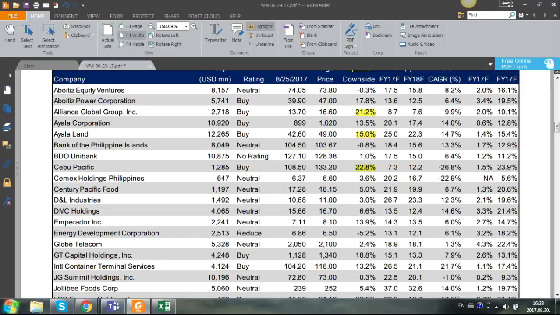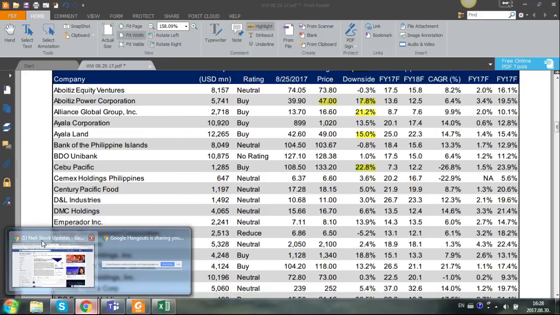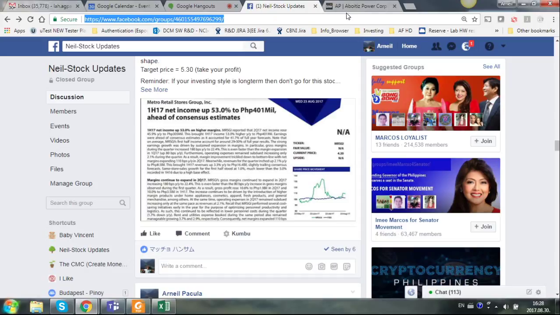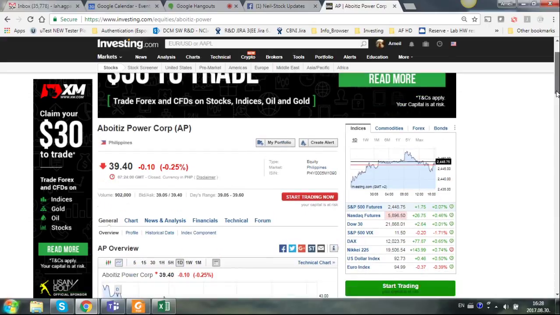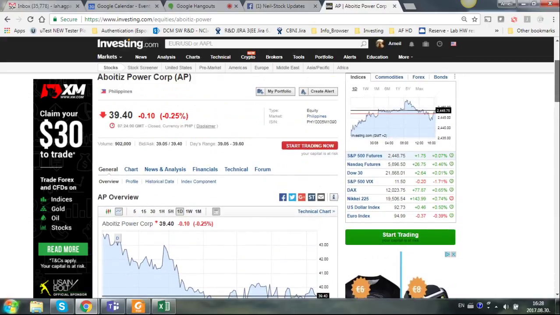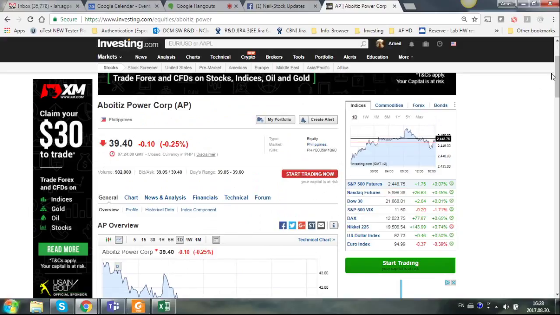Aboitiz Power Corporation has upside 17.8 at yung target price is 47. Ang presyo natin ay 39. So target price is 47. So 17% profitability kung mag-i-invest tayo kay Aboitiz.